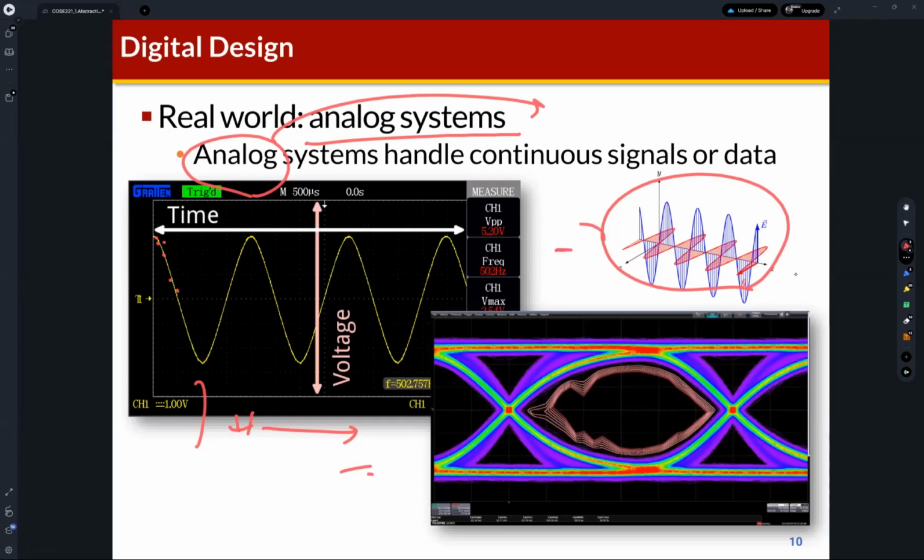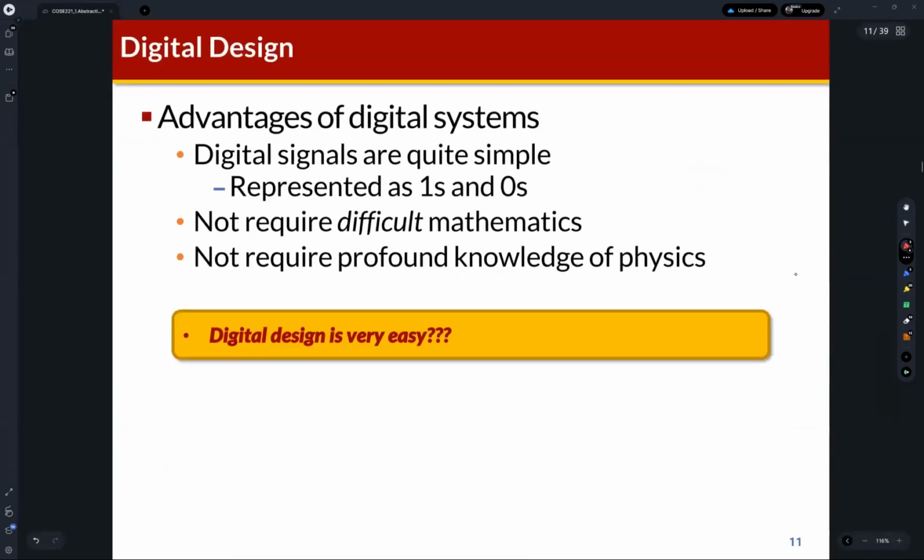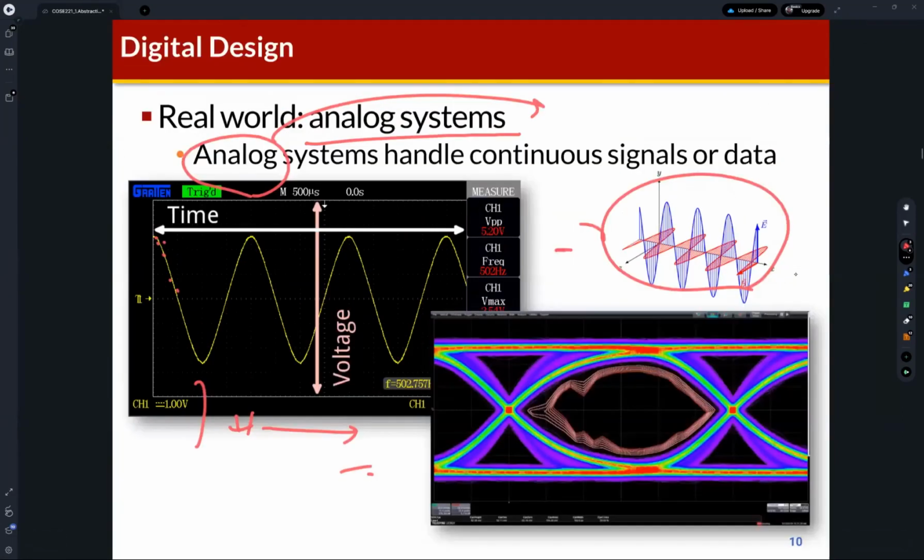So real signals, the real data we can observe in our real world. Then what is the advantage of the analog system? We can observe the analog signals, which means that we can intuitively understand them, because this is the real data and the real signals.